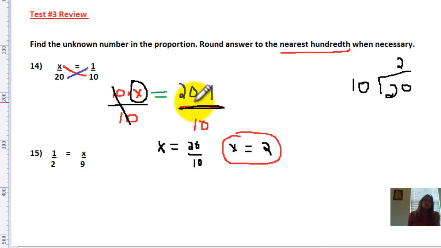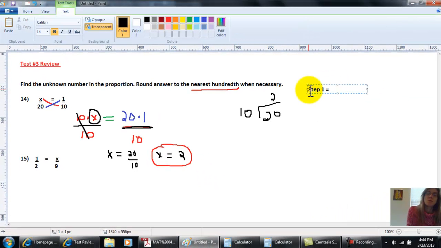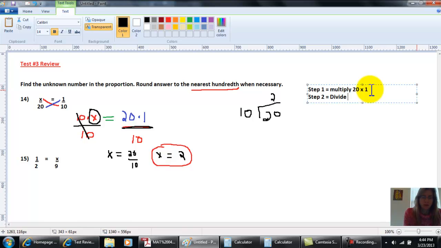Okay, another way to think of it, if it's confusing, is you can think of it in 2 steps. Step 1 is multiply 20 times 1, and then step 2, divide by 10.